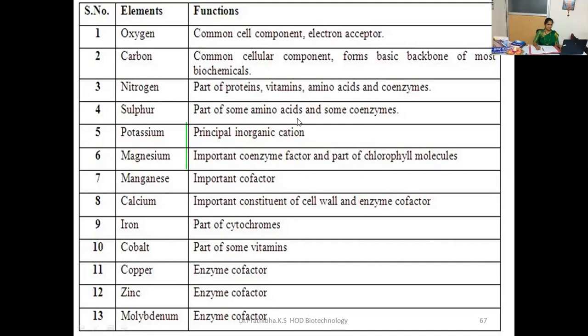Sulfur is part of some amino acids and some coenzymes. Potassium plays a very important role as a principal inorganic cation. Then magnesium is an important coenzyme factor and part of chlorophyll molecules. Manganese is an important cofactor. Calcium is one of the major constituents of the cell wall and an enzyme cofactor.